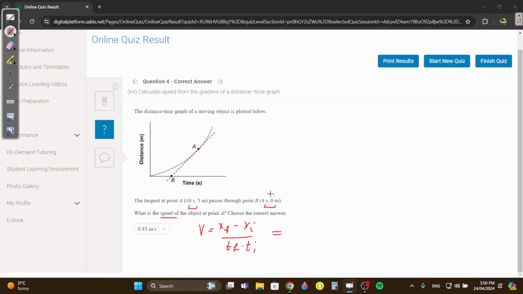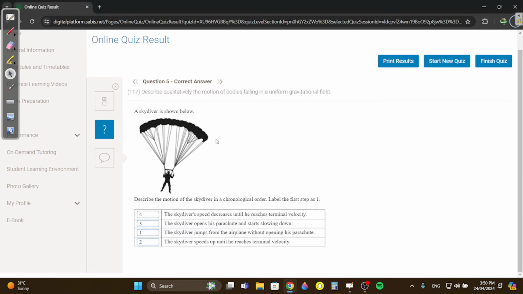You could take any point as final, 0 or 5, whatever. Let's take 0 just to show you, you'll get the same answer. 0 minus 5 over 4 minus 10 is minus 5 over minus 6, which is the same as 5 over 6, which is 0.8333 and so on. So it's just 0.83.